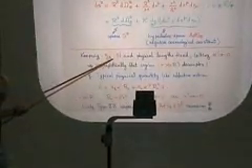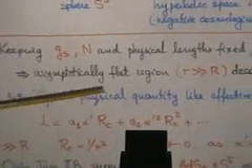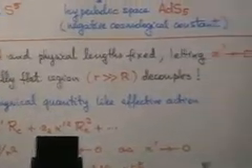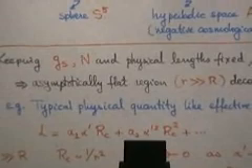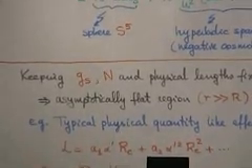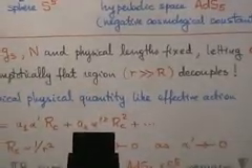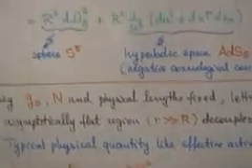If we keep the string coupling and the number of D3 branes and all physical lengths fixed, but let alpha prime go to 0, then in fact, this is like letting capital R to the 4 go to 0. But that is exactly the limit in which this 10-dimensional flat region decouples.